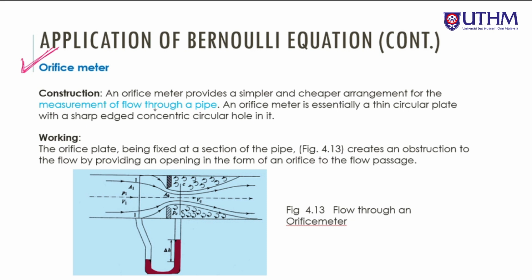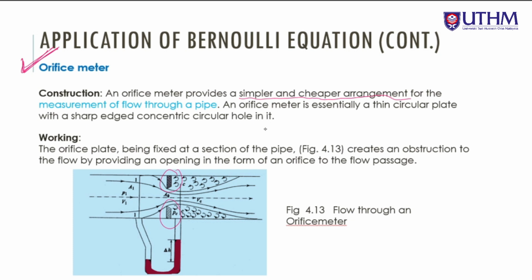Okay, so as for the construction, as can be seen, this is an orifice. An orifice meter provides a much simpler and cheaper arrangement as compared to the venturi meter before, which has two conical areas and the throat, and the size of the venturi meter is also a bit larger.